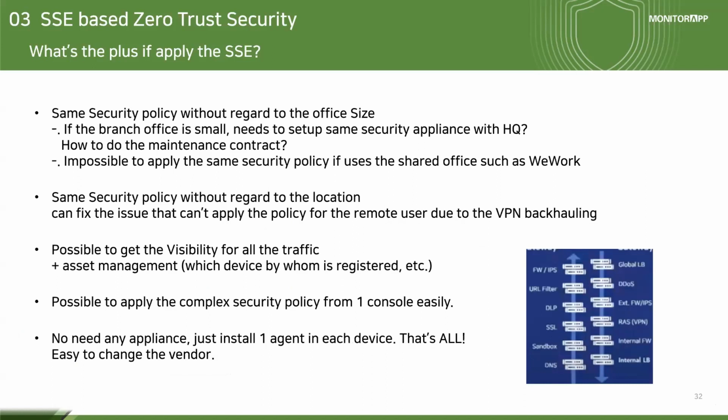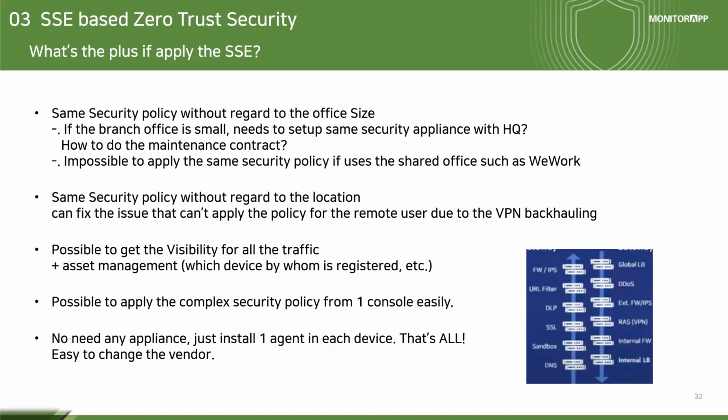So here is the conclusion. What's the advantage if we apply the SSE platform? The first one: we can set up the same security policy without regard to the office size. If your company has multiple branches and a branch office is very small, you may have a different security policy.